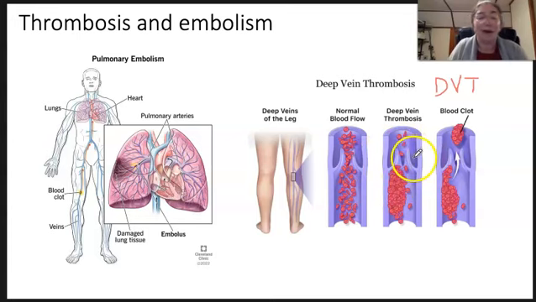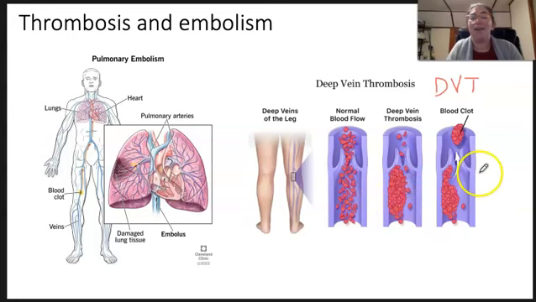So if either the valves aren't functioning properly, or you are immobilized because maybe you had surgery and you're bedridden, or you've been on a long car trip or flight and you've been sitting for a long time and not moving your legs, the blood can kind of pool there and form a clot.